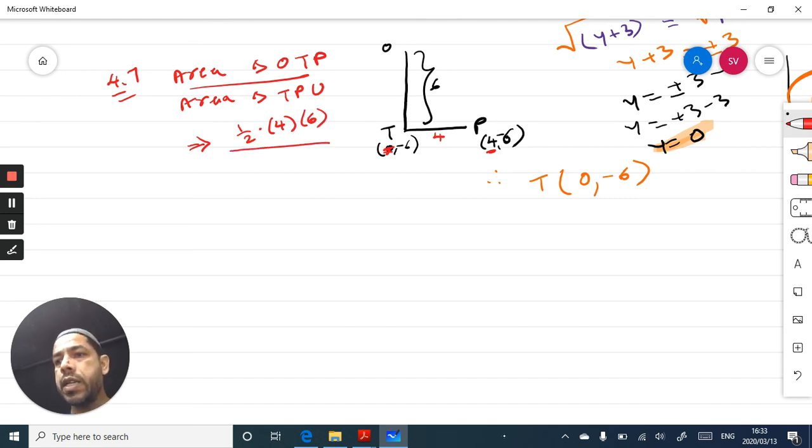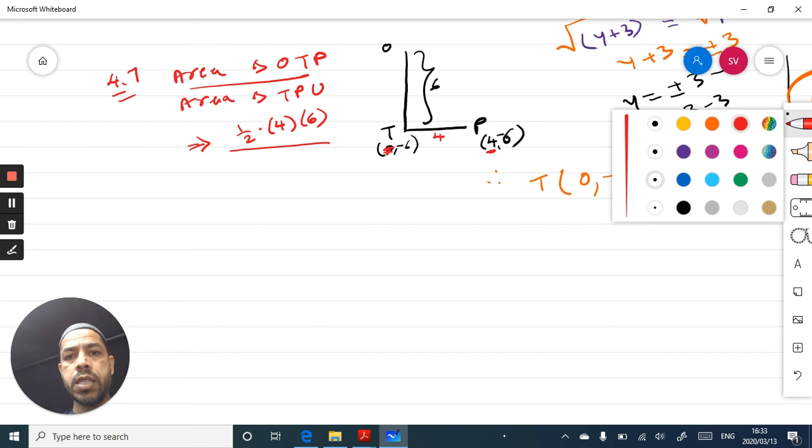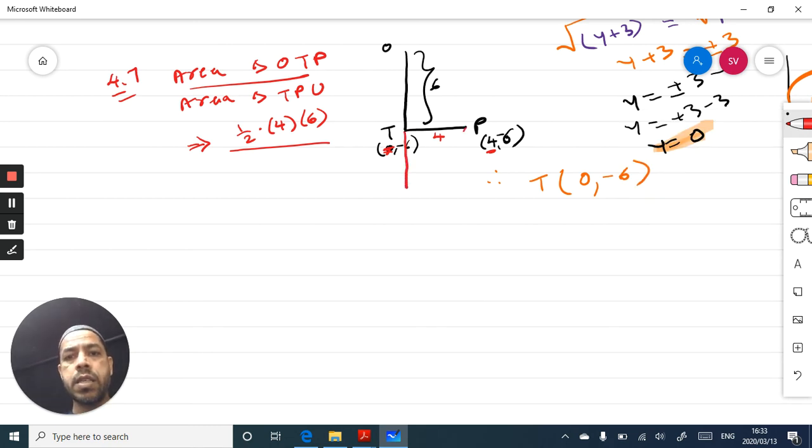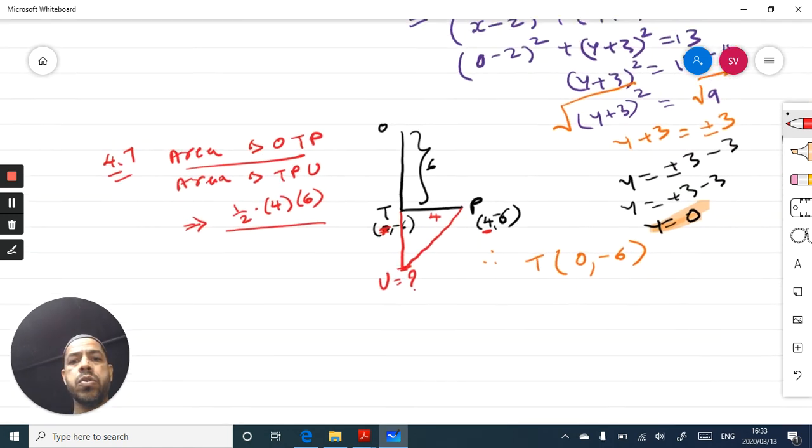The next triangle which they are asking me about is this. Oh, okay, I don't have the coordinates of U. So I'll go back again and check what the coordinates of U are. Where is U?